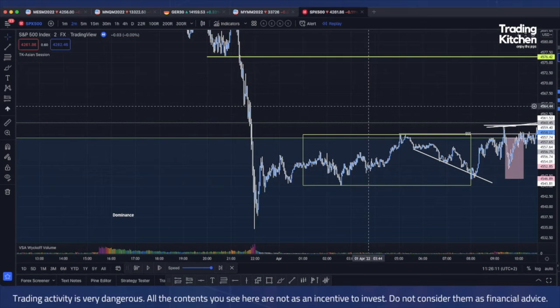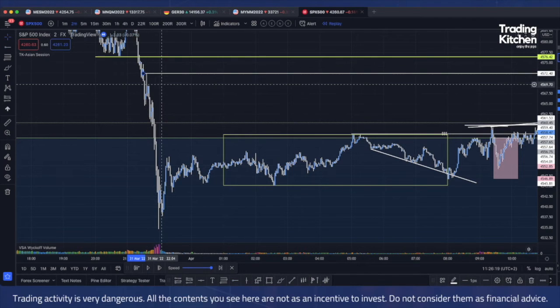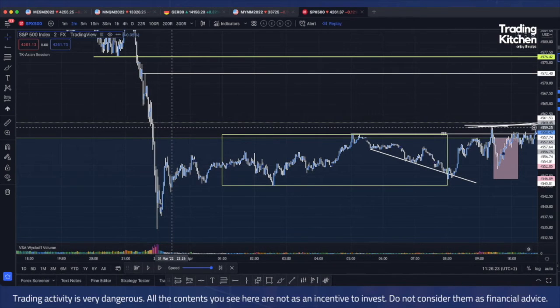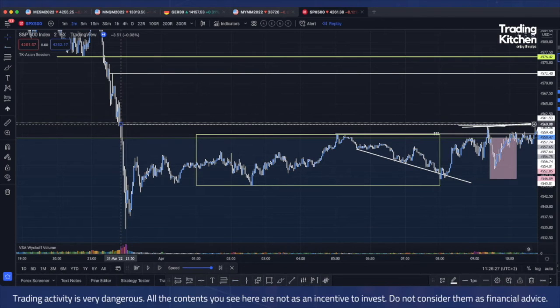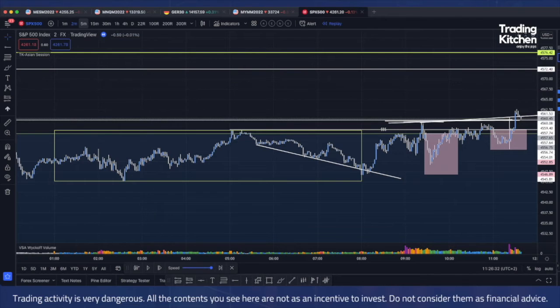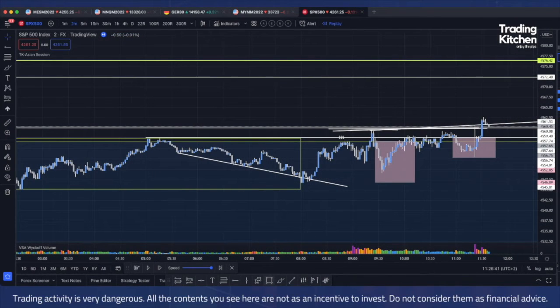Maybe this one, because we have a huge tail here, so probably this could be a good level here as well, which is the level where the price is right now. But well, to be honest, I don't believe in 2 minutes time frame analysis. Okay, so I just want to wait for the price to reach this zone, and then here we're going to decide what to do.